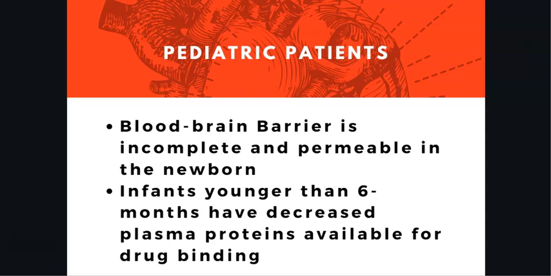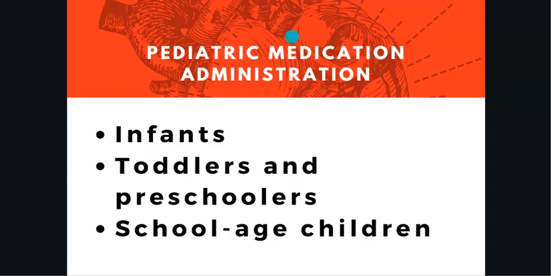In pediatric patients, the blood-brain barrier is incomplete. Infants younger than 6 months have decreased plasma proteins available for drug binding. So when we talk about pediatric medication administration, for infants, teach parents about medications and how to administer them.